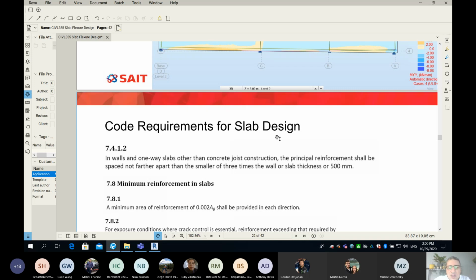One more piece of good news is, you can see we're turning our one-way slab into a 1 meter wide beam.